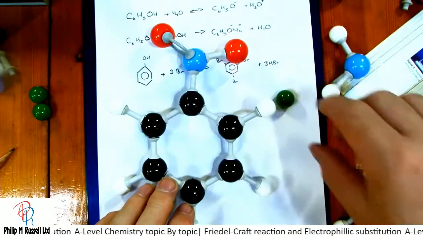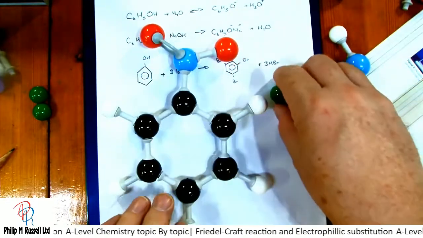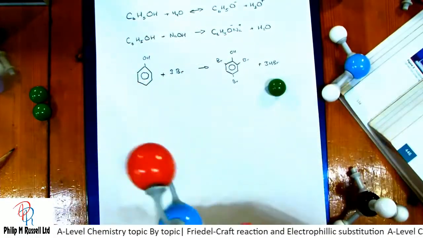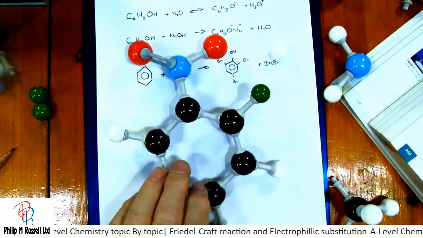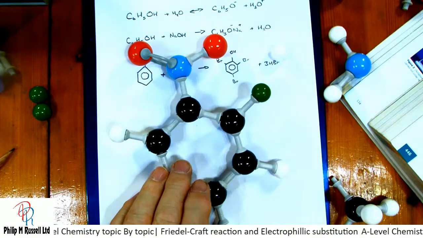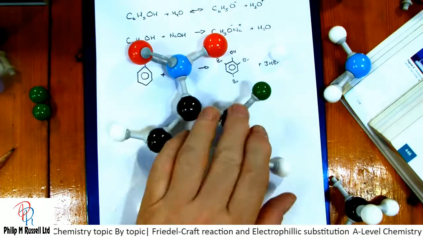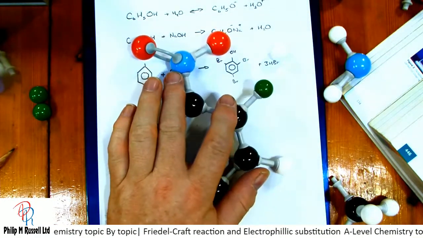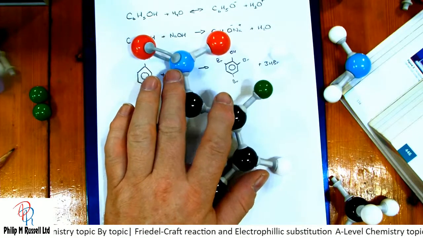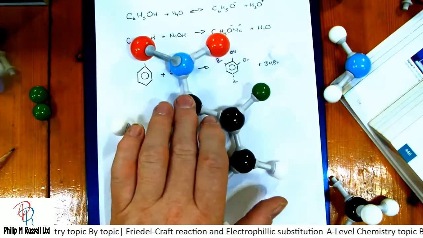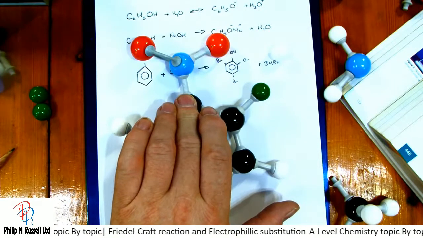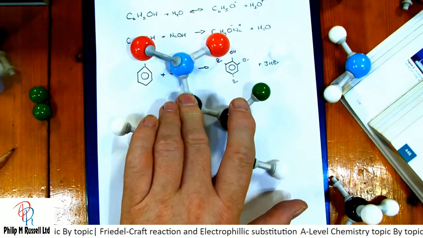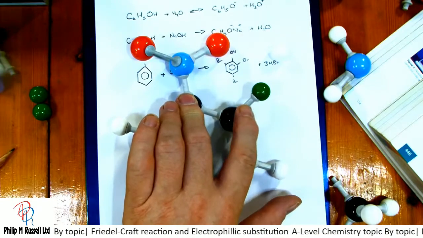So if we have this one here, then this would be something like 2-bromo nitrobenzene, or it could be called position 2 ortho.